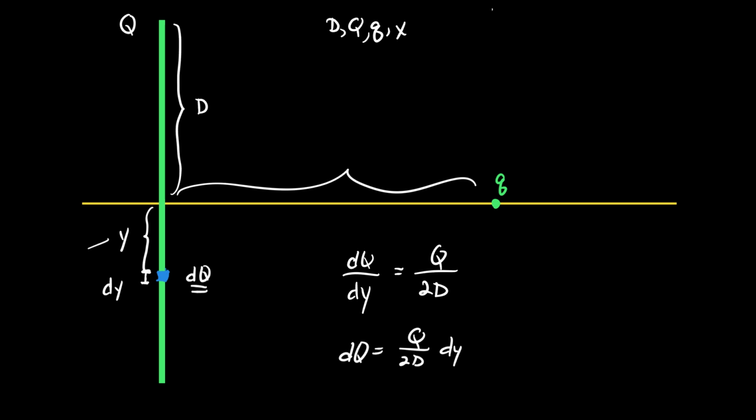Next, we employ Coulomb's law. This is the first time we're going to actually do physics. We're going to employ Coulomb's law. There is a force from this piece of the bar on my point charge. And that force, assuming everything is positive, that force will be in this direction.